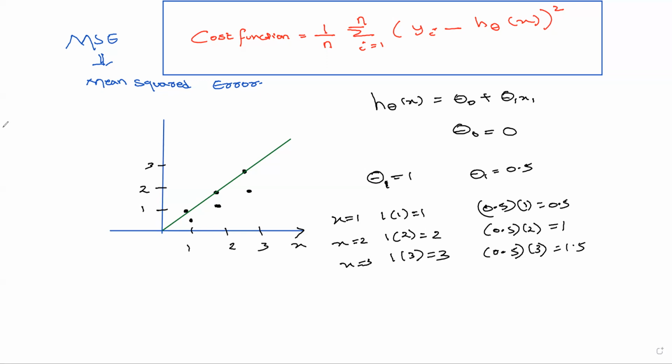If I want to draw the line, it will be generated like this. Clear, everyone?